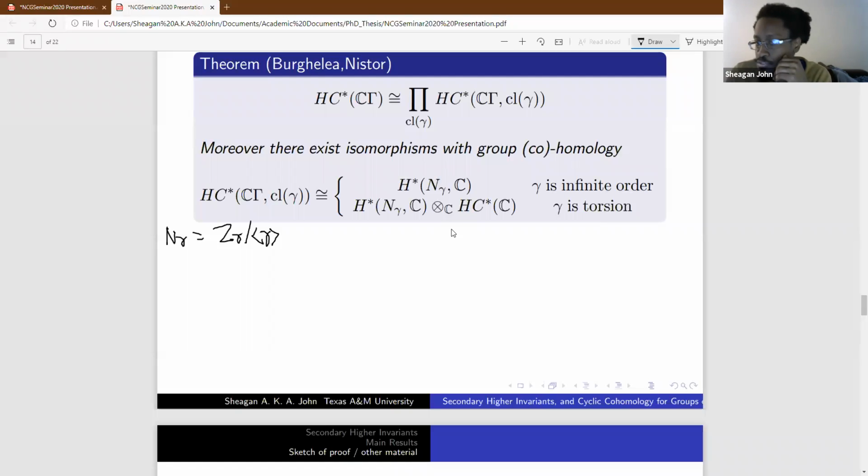And we have two cases to consider, gamma being of infinite order and gamma being torsion. And it'll turn out in our case that this matters quite a bit. The proof depends quite heavily on us being able to throw out any infinite order contributions to our delocalized cyclic cohomology.